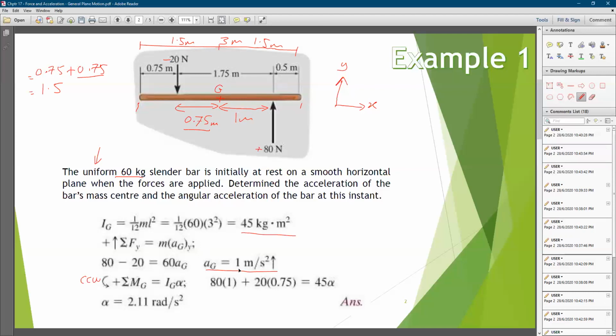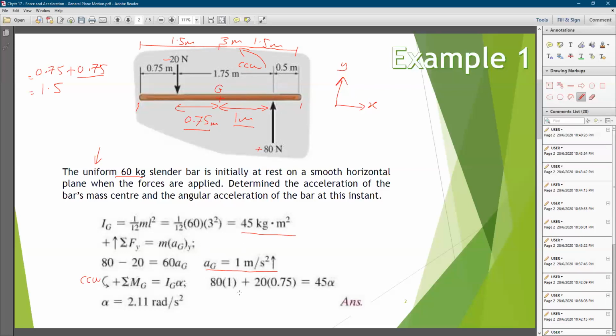So now, for this particular force, this is our center of rotation. It will make a counterclockwise moment, so it is positive, times 1, the perpendicular distance from the force to the center of mass, point G here.